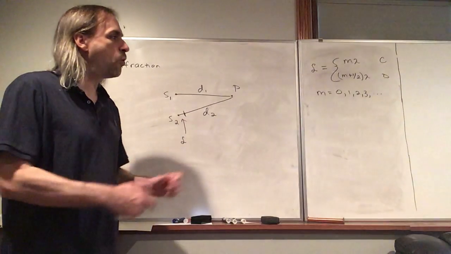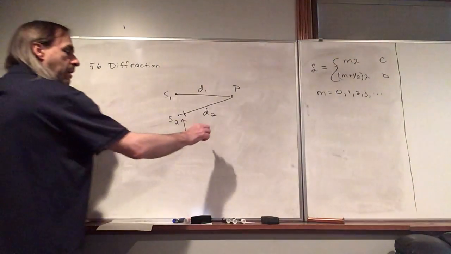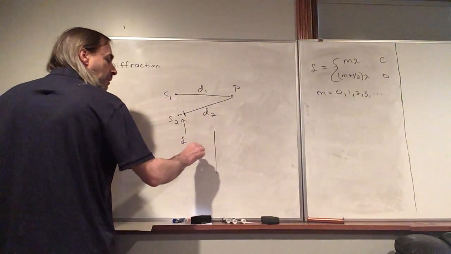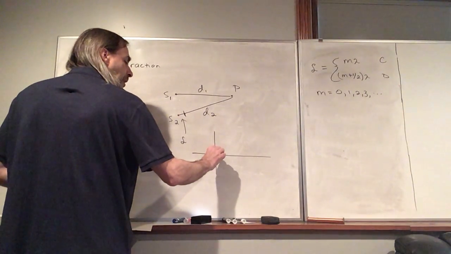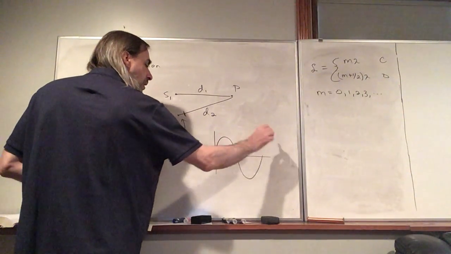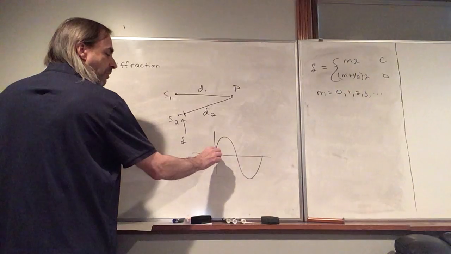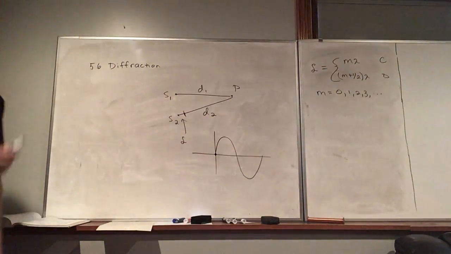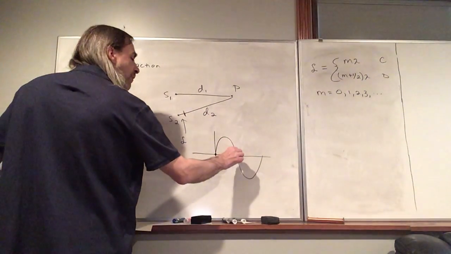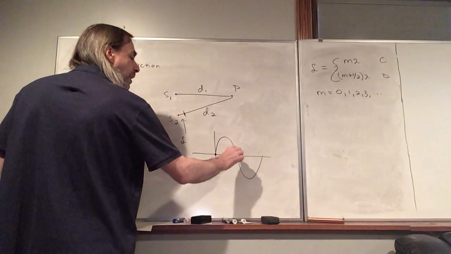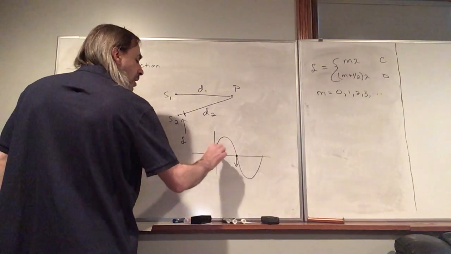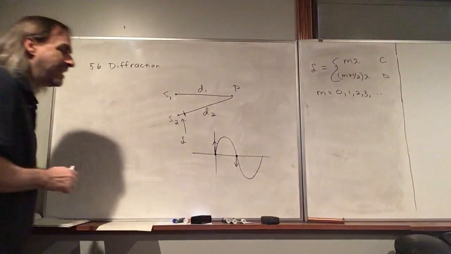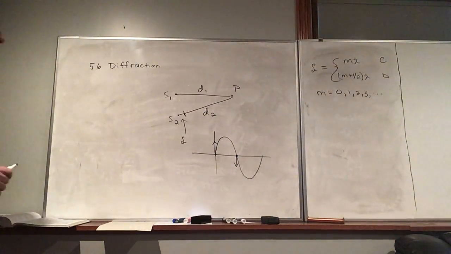And if they're half a wavelength out of phase, so again, let's look at a nice sine wave. If you have two that start out at 0 going up, and one of them travels through half of a wavelength, if you compare these two, they're exactly out of phase with respect to each other.